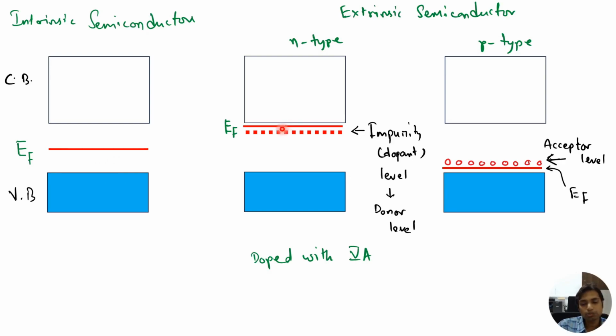They can easily jump from here to here, and the Fermi energy lies between the impurity energy level and the conduction band. So in an n-type semiconductor the Fermi energy has gone towards the conduction band. This is clear, what is happening.